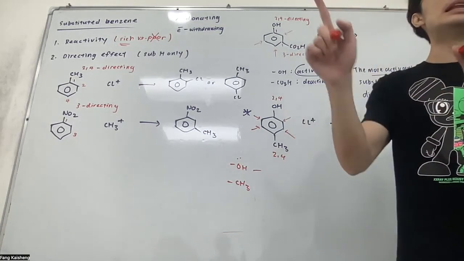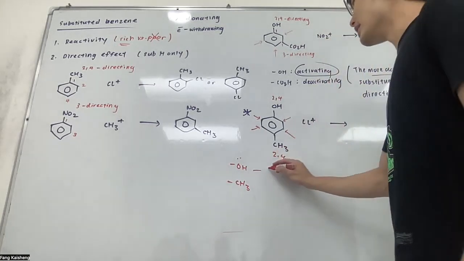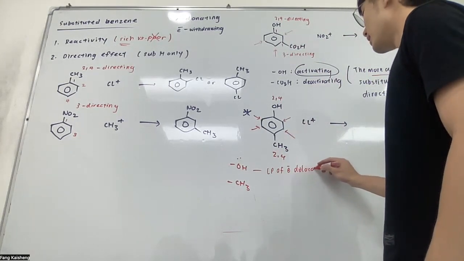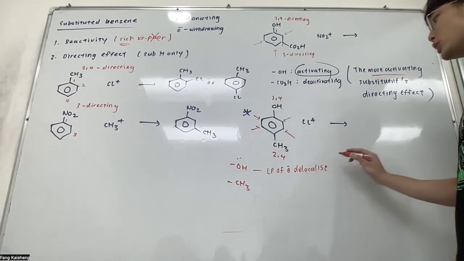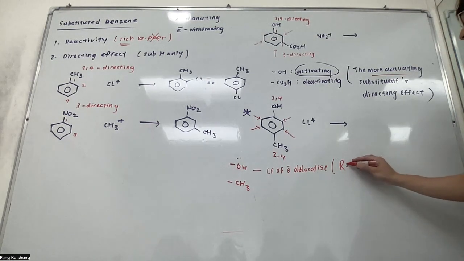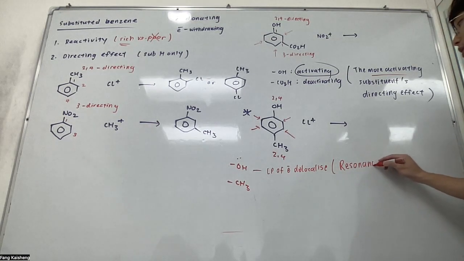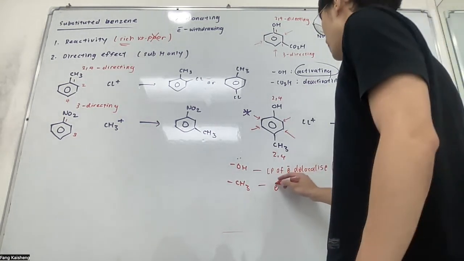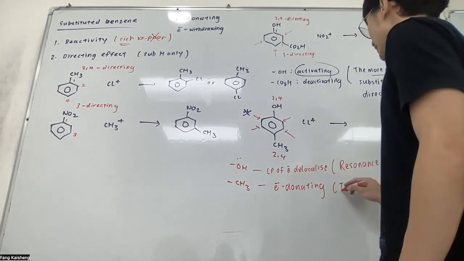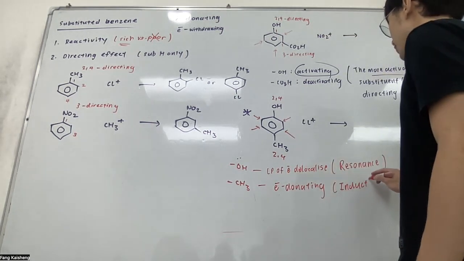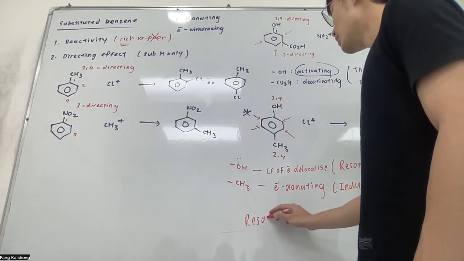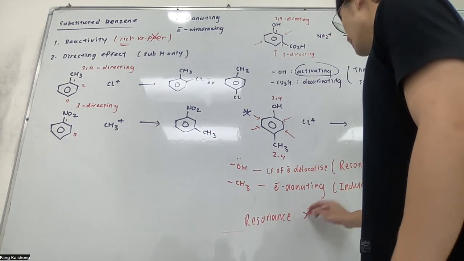We don't talk about the electronegativity difference. The lone pair delocalizes into benzene. In other words, it is donating via the, what's the effect called? Resonance effect. Now, CH3 is also electron donating, but what effect is this? It's done via the inductive effect. And I can tell you all this right now: whenever you see this scenario, the resonance effect is definitely more powerful than the inductive effect.